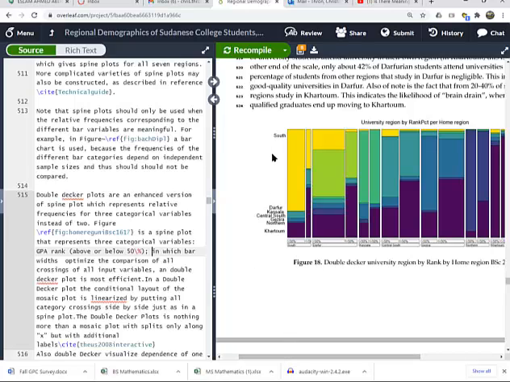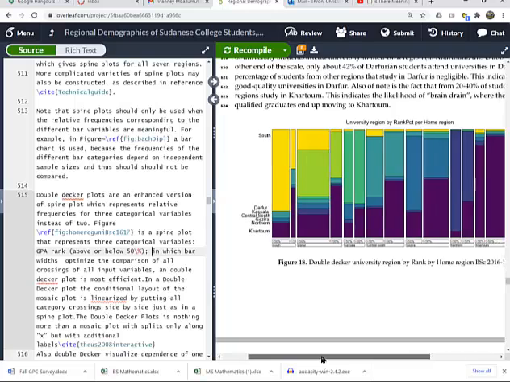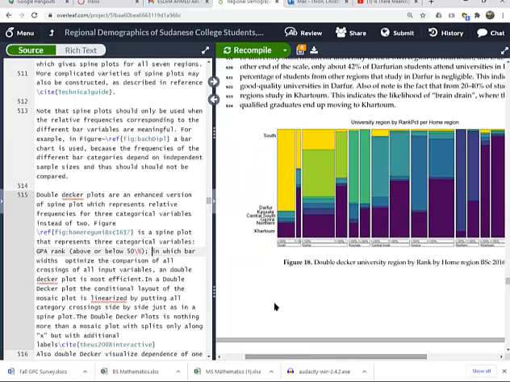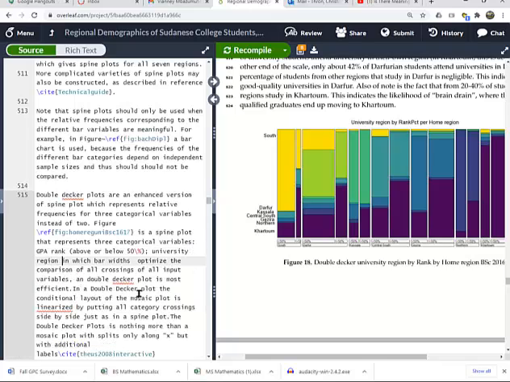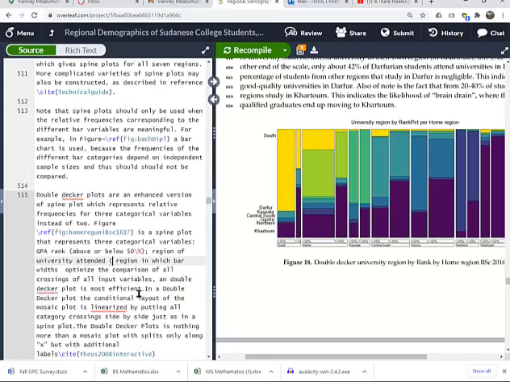Is this university region or is this home region? All right, so university region, the region of university attended by the student.